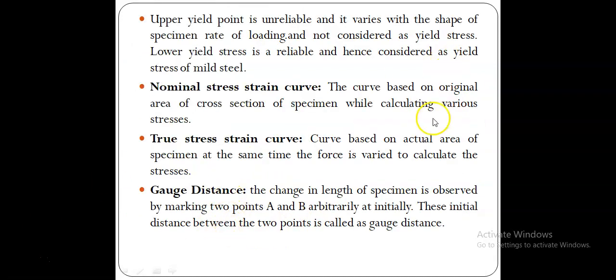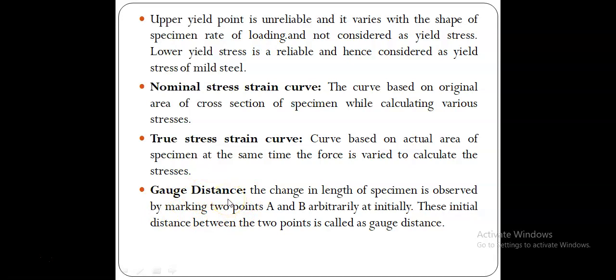The next, gauge distance. Gauge distance is nothing but we just mark any two points on the bar or on the rod while doing the tension test on mild steel or torsional test, whatever it may be.